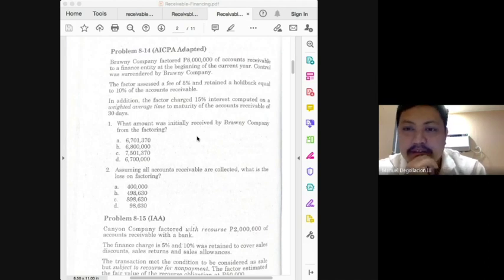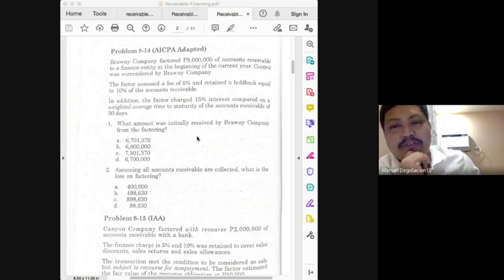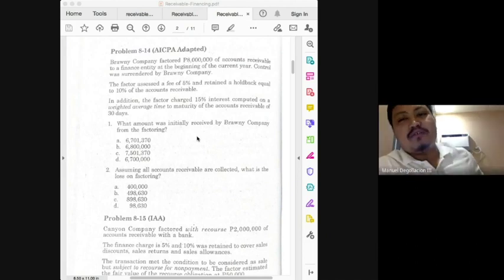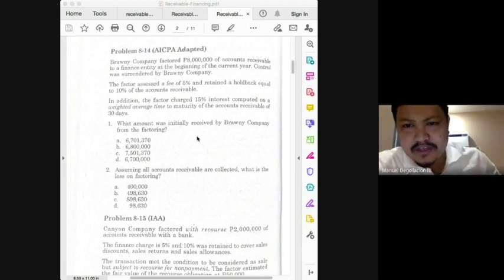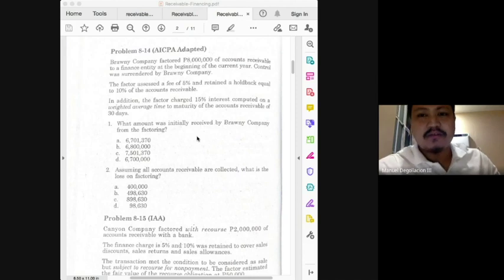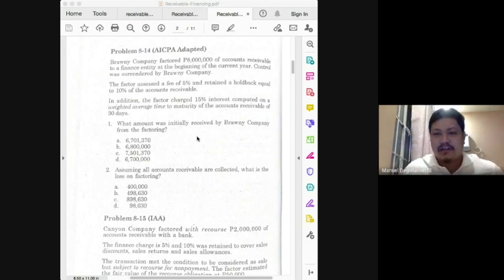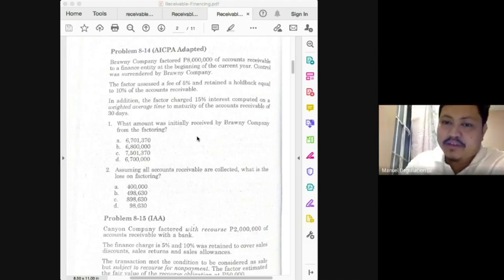Okay. So again, 8 million minus 5% minus 10%, or 8 million minus 400,000 minus 800,000 minus the interest for 30 days, you would get 6,701,370.